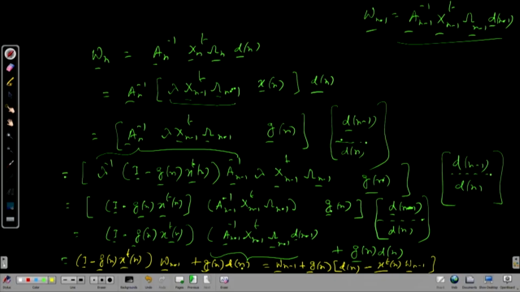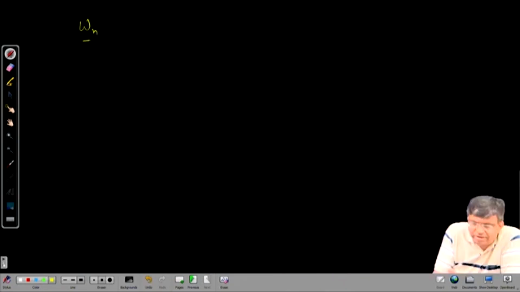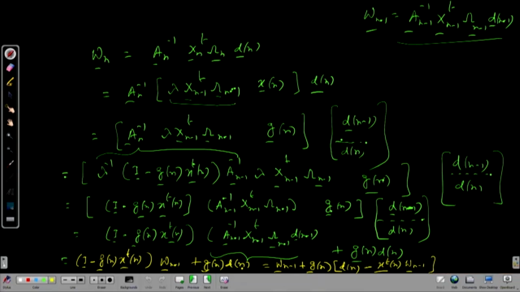All right. So, if I move to the next page, I will rewrite this expression again. So, W n is now obtained from W n minus 1. So, this is an update relation, adaptation now from the n minus 1th clock, when you have got the filter weight vector, how to go to the filter weight vector for the nth clock.